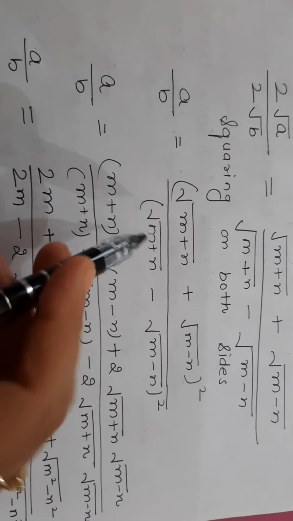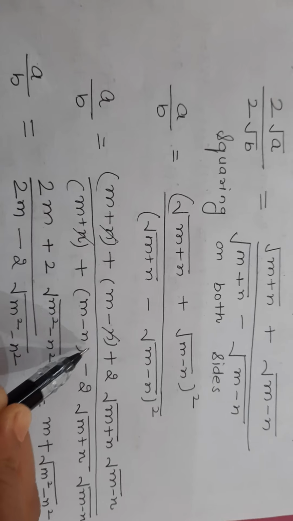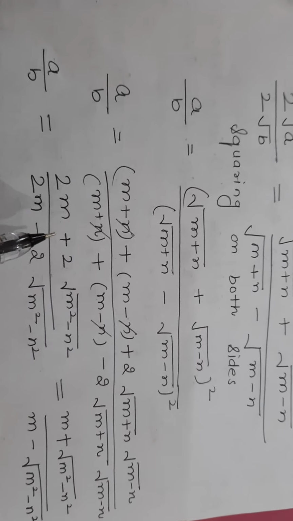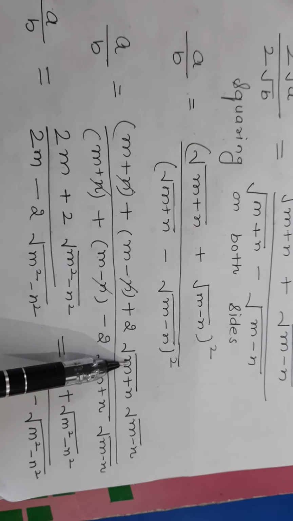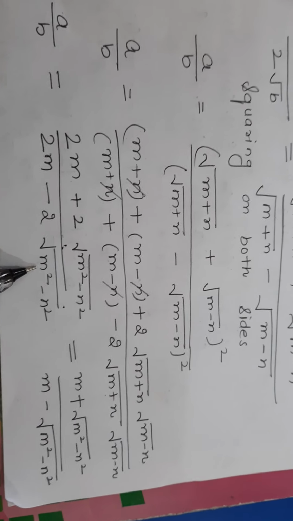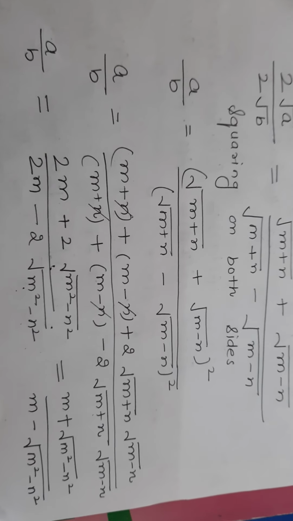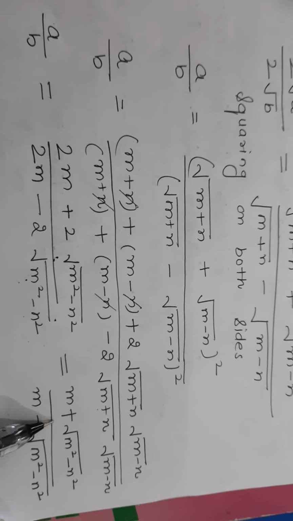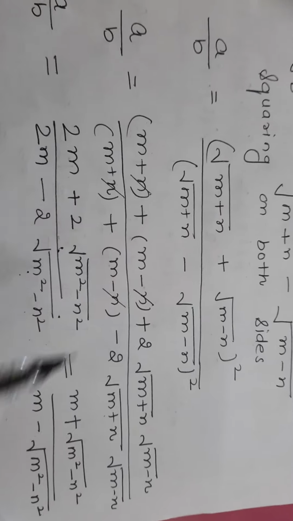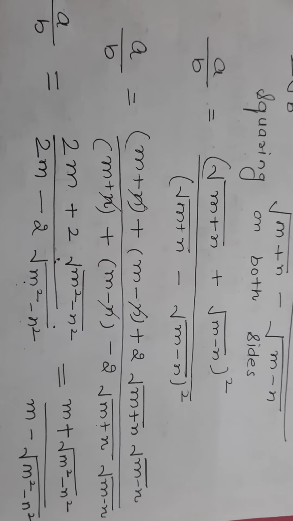Here this factor n is cancelled. In the same way, in denominator this n is cancelled. So you will get twice m plus twice. Now this can be written as root of m square minus n square. In the same way here, this is twice root m square minus n square. Now you can take your 2 common. So you will have m plus root of m square minus n square upon m minus root of m square minus n square.